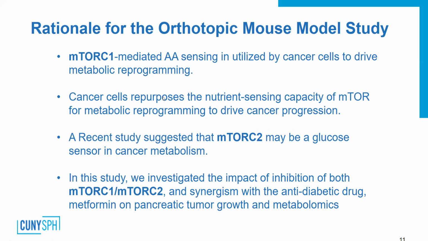Further, cancer cells repurpose the nutrient signaling capacity of mTOR for metabolic reprogramming to drive cancer progression. And recently, a new study has suggested that mTORC2 may be a glucose sensor in cancer metabolism. So given that, in our study, we investigated the impact of inhibition of both complexes mTORC1 and mTORC2 by drugs and the synergism with the anti-diabetic drug metformin, and looked at the pancreatic tumor growth and metabolomics.